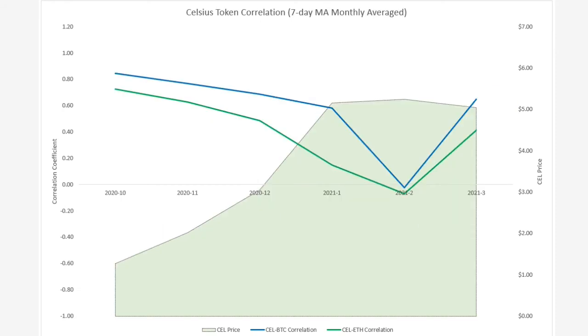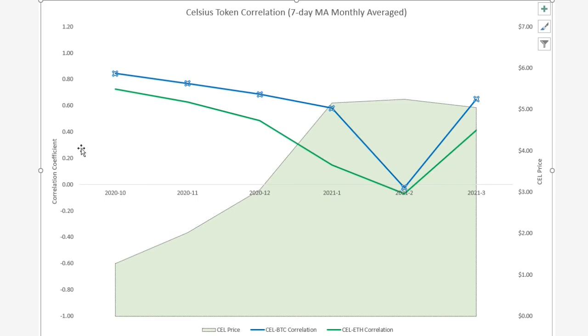If we look at a monthly basis, these are aggregated results just to cut out further noise. We can see here that pretty much consistently, CEL is more correlated with Bitcoin than with Ethereum, because it is consistently above Ethereum.